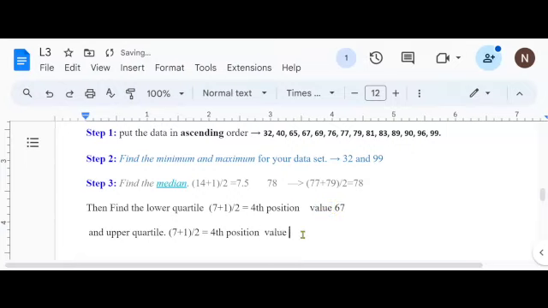Doctor, I don't understand why you're doing this. Finding the median, the lower quartile and the upper quartile, that's what is required.